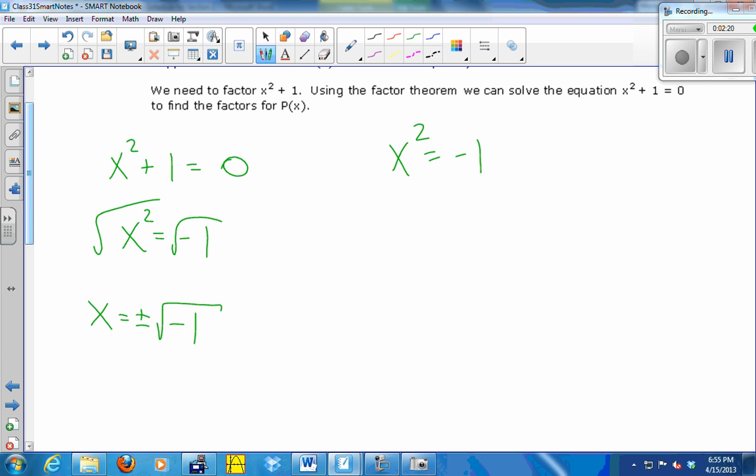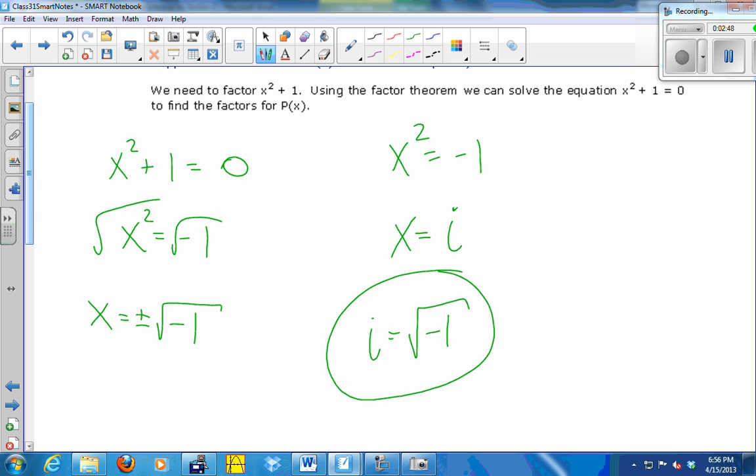So there is no number in the system of numbers that we have always lived in so far, but we're going to make one up. We're going to say x equals the number i. i is the square root of -1. i is the number that when you square it, you get -1. So I'm going to have two zeros, x equals plus or minus i.